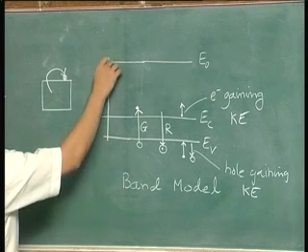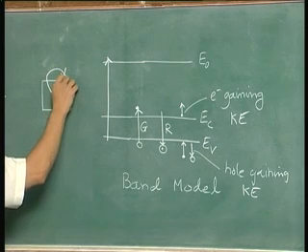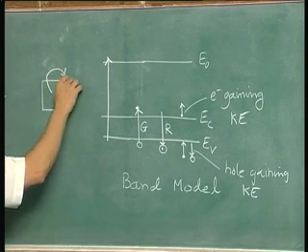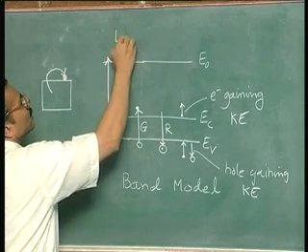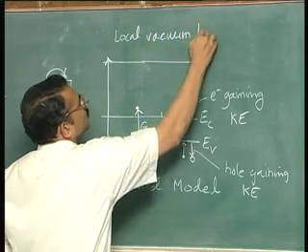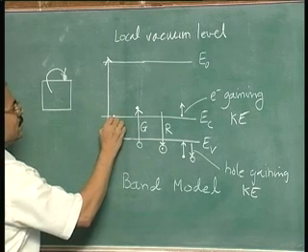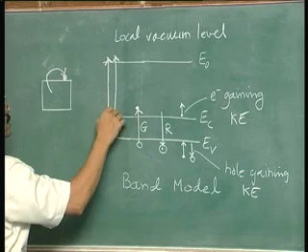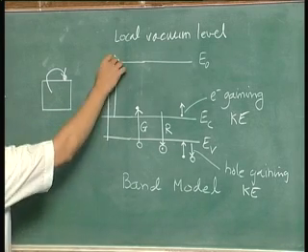So this transition here represents an electron moved out of the crystal, but the electron is localized on the surface of the crystal. So that is why this E naught is referred to as the local vacuum level. So if the electron was a free electron, then the transition would be something like this. So a free electron moved out of the crystal is equivalent to this transition.